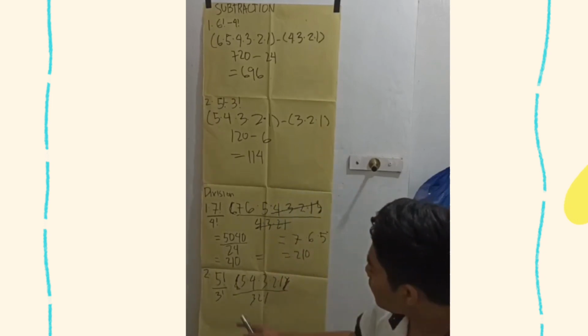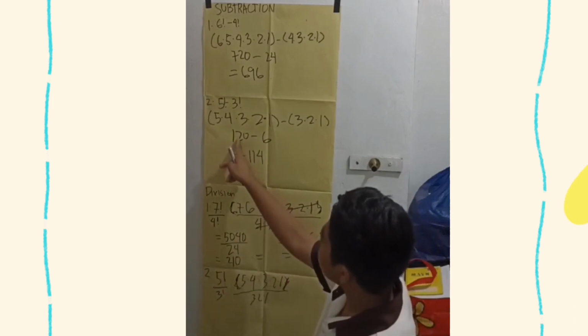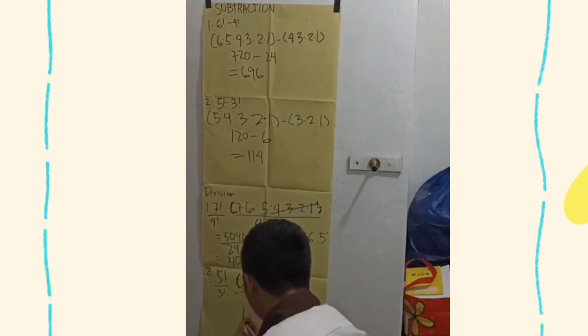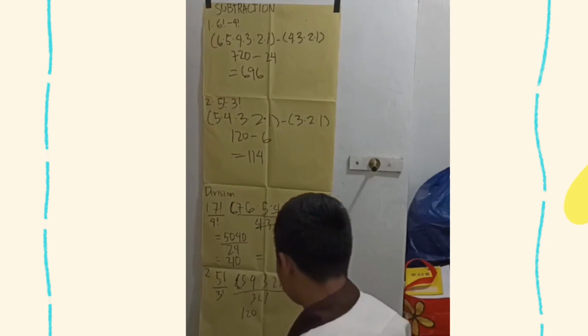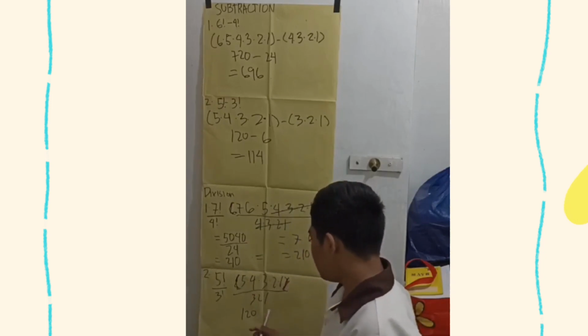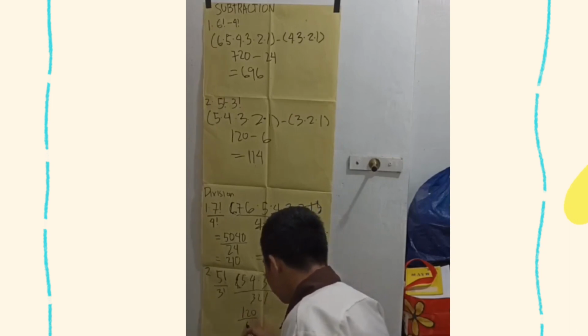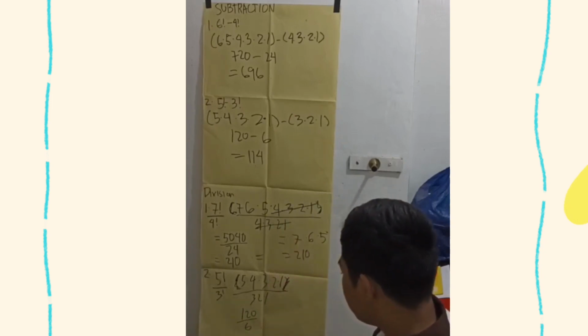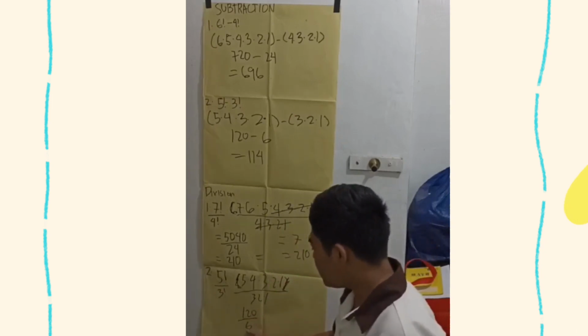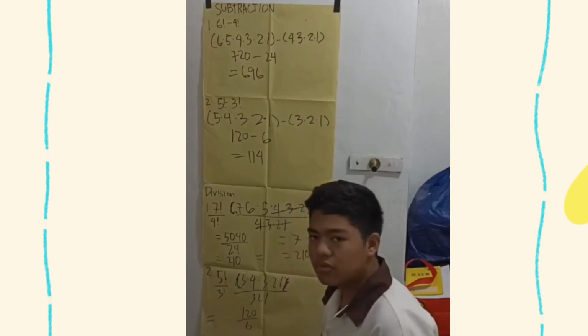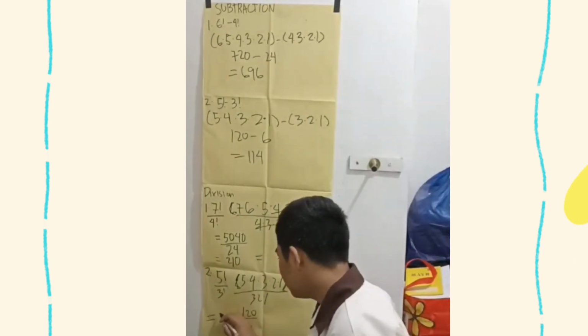Ano nga ba yung sagot sa 5 factorial? 5 factorial is equal to 120. 3 factorial is equal to 6. So, 120 divided by 6 is equal to 20.